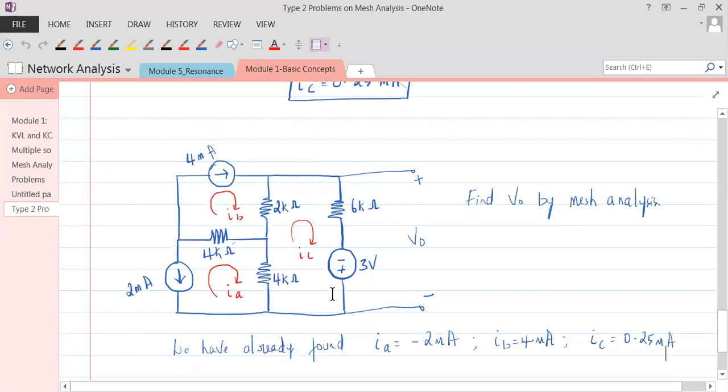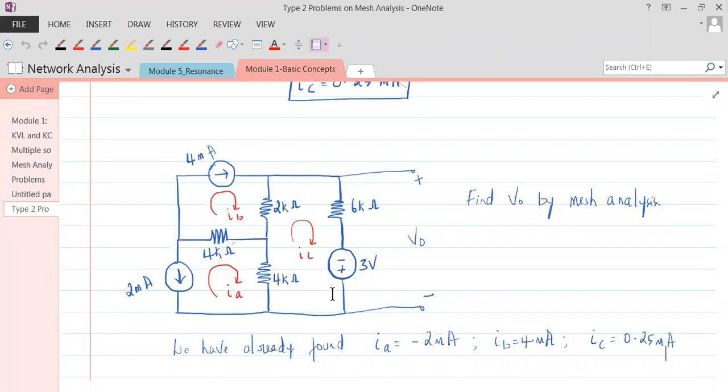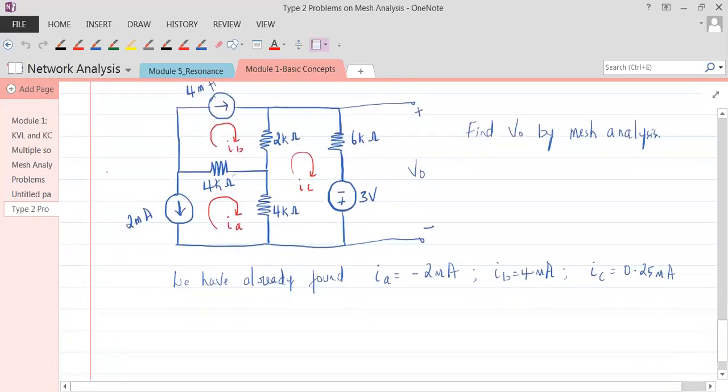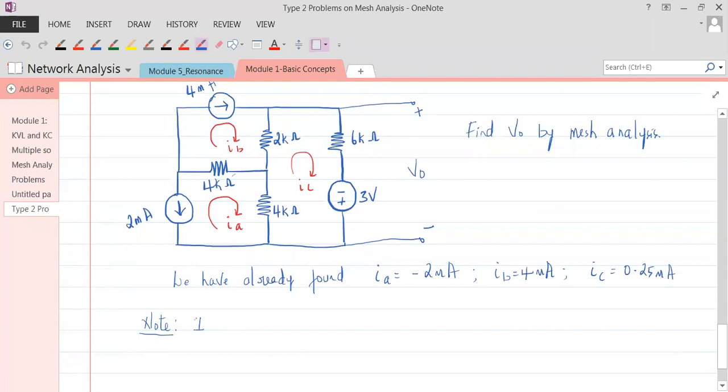So what is that we're going to do now? Everybody just look at this. I'll just give you a note. See here, everybody observe here. In mesh analysis, V naught across any two open circuit terminals.